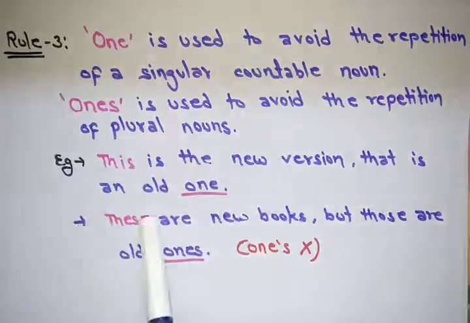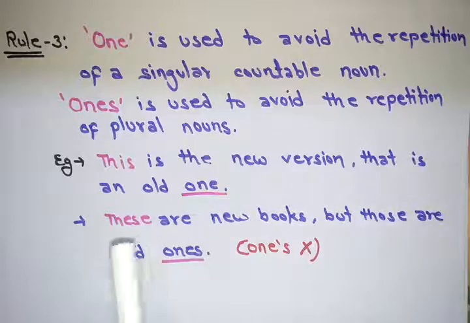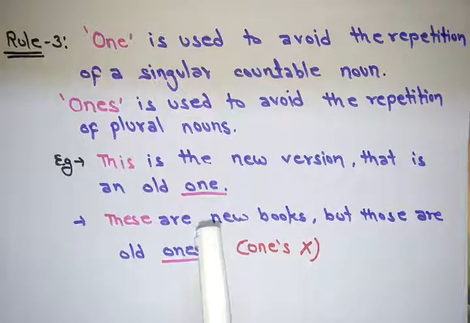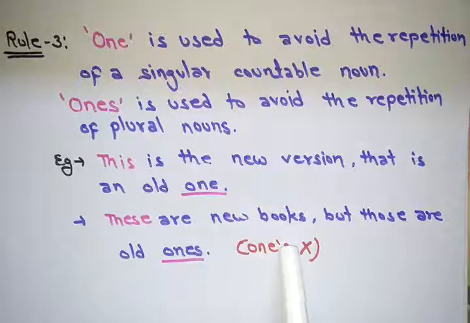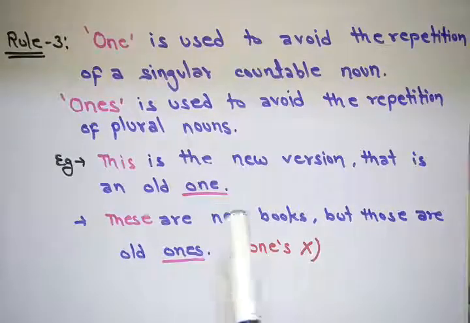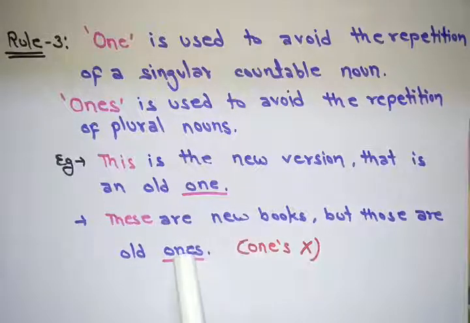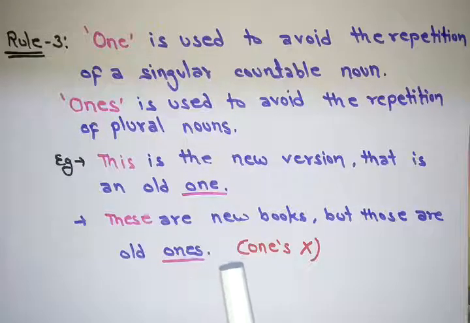And these are new books, but those are old ones. So ones here shows the plural nouns. So always remember, don't use ones in place of one. Okay, thank you.